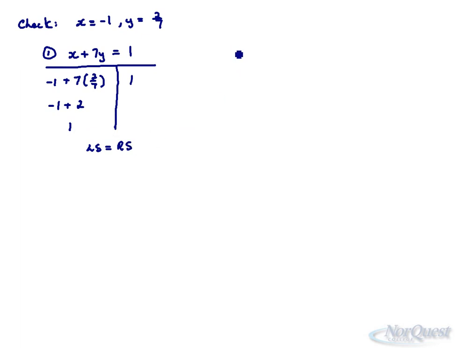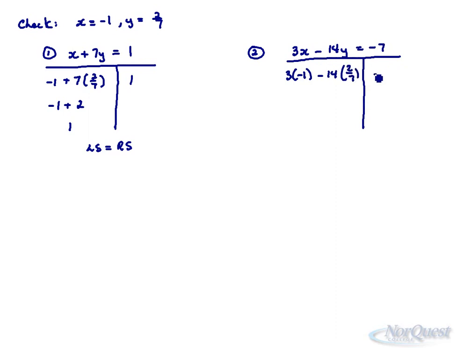So it checks in equation 1, but that doesn't mean it's perfect until you check it in equation 2. Equation 2 is 3x minus 14y equal to negative 7. Again, do the 2-column proof. 3 times negative 1 minus 14 times 2 over 7 has got to work out to be negative 7.